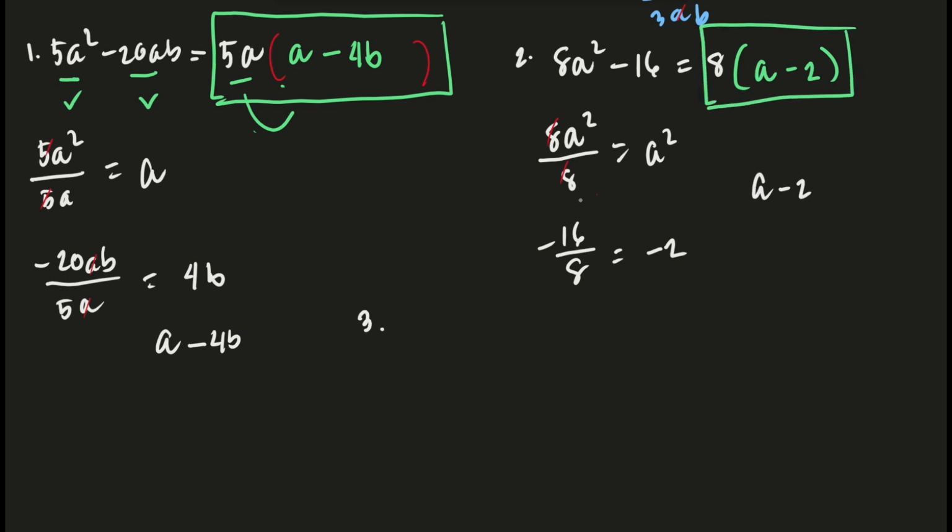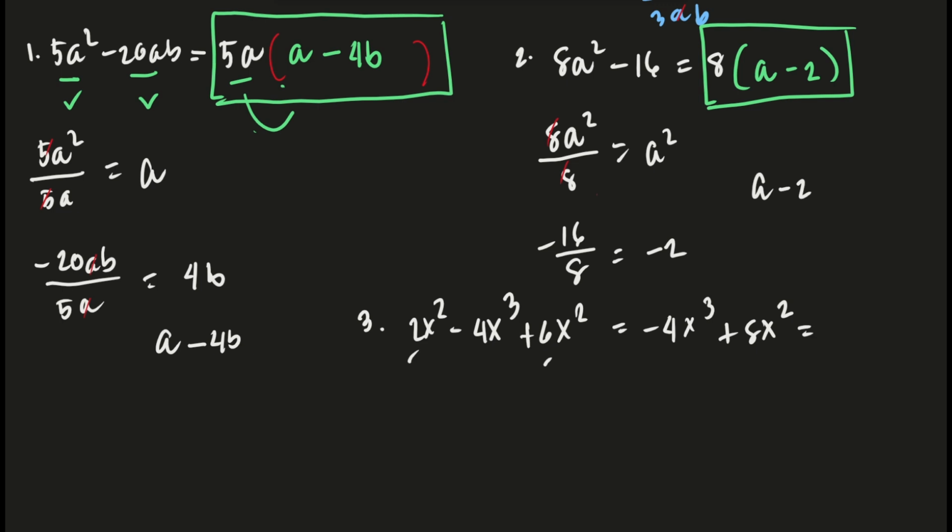Number 3, we have 2x squared minus 4x cubed plus 6x squared. Now, if we're going to find the greatest common factor of this particular polynomial, observe that we can combine like terms, right? 2x squared plus 6x squared would give you positive 8x squared.